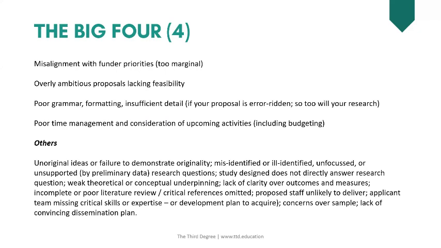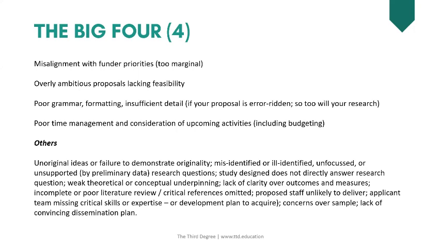Third, if you have poor grammar, poor formatting, insufficient detail, it's based on this assumption: if your proposal is full of mistakes, your research will be just as bad. So you really have to make sure your articulation is perfect. Because for me to allocate money to you to do research, I need to know that you have 100% attention to detail.